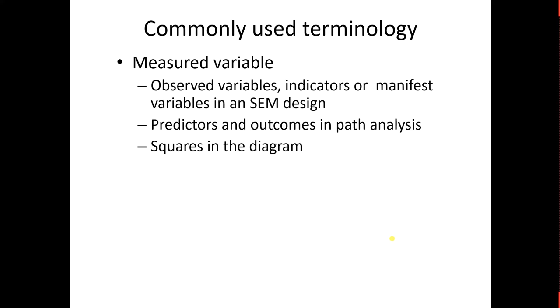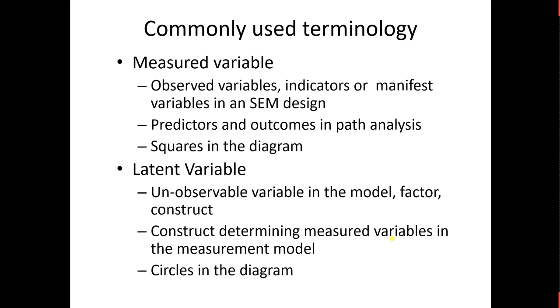These observed or indicator variables may be classified as predictors and outcome variables, or even predictor, mediator, moderator, and outcome variables when we are going to study the path analytic models. And generally, when we represent the structural equation models pictorially, squares or rectangles are generally used to represent the measured or manifest variables.